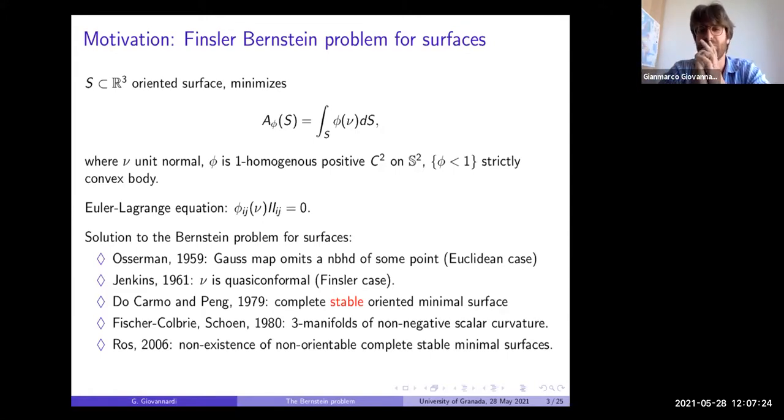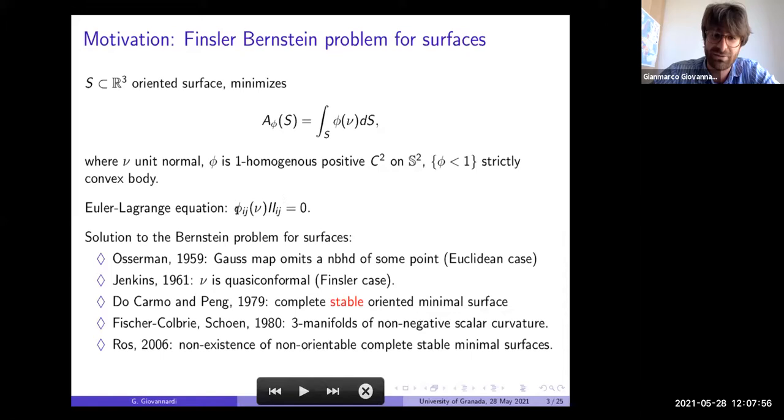And if you want a well-posed problem, you have to impose that phi is one-homogeneous, positive and C2 on the sphere, and also that the set of phi less than 1 is a strictly convex body. This is because when you compute the first Euler-Lagrange equation, so the first variation of this area functional, that is the Finsler area functional in R3, you obtain an elliptic equation.